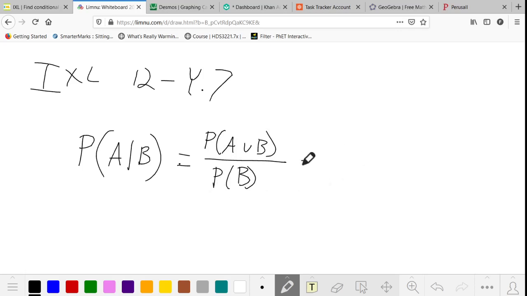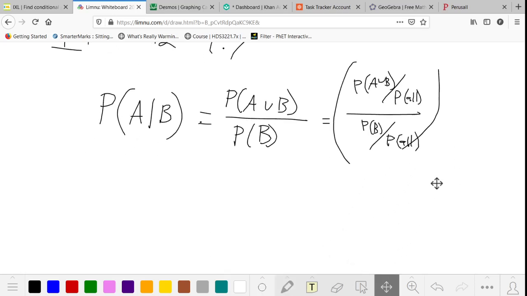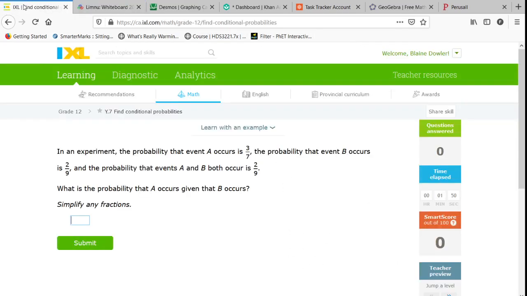Another way to think about this: what's the probability that you have A and B, divided by the probability of everything possible? But because it's given B, we're only looking at the percentage of events where B has taken place. That's another way to derive this formula, which is not on the formula sheet. But this will be the key.